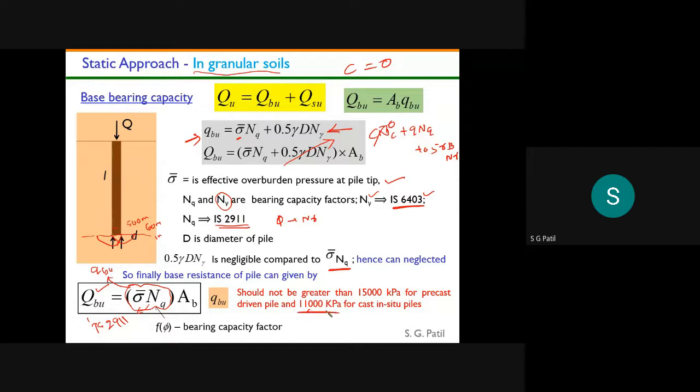If you are getting more than 11,000 kilopascal, then restrict that value to 11,000 kilopascal. They usually put these kinds of cap values because there is always some uncertainty in the calculation of all these properties. So 11,000 kPa is the limiting value for the unit base resistance.